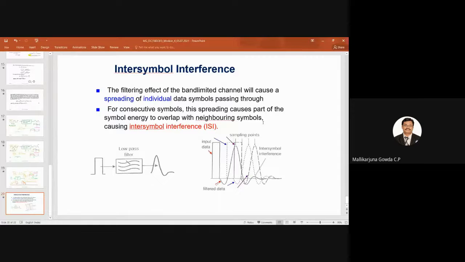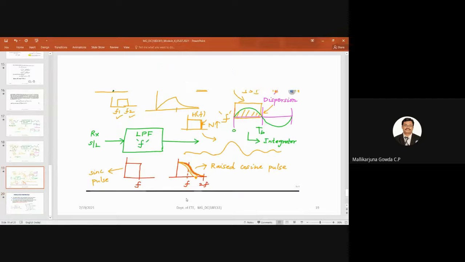Because the channel is band limited, it does the filtering operation, and that leads to the spreading of the individual data symbols as it passes through it. That is what I discussed.